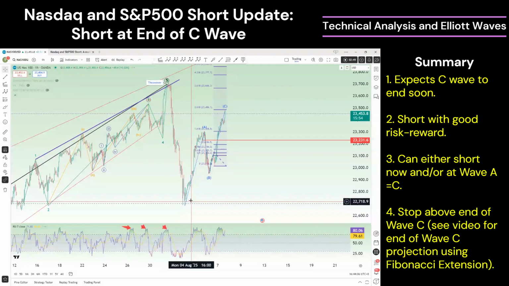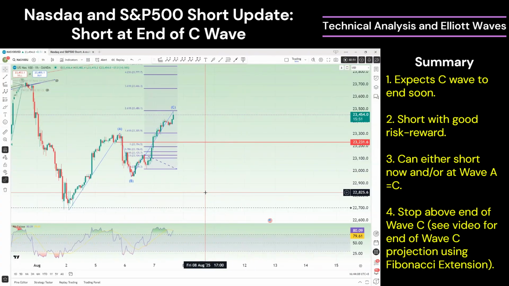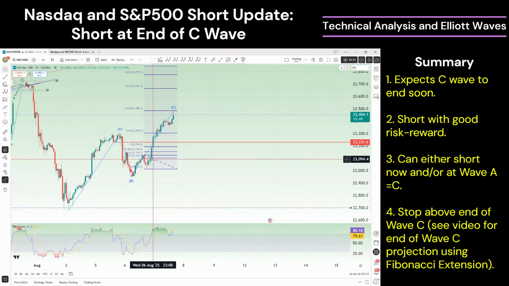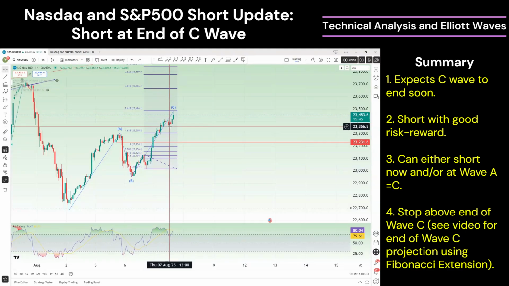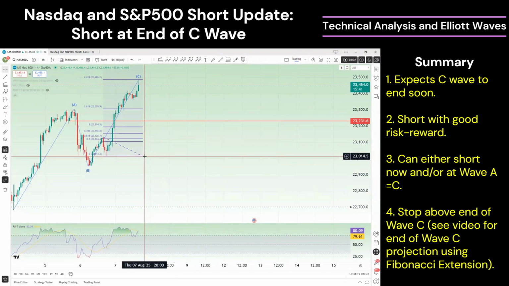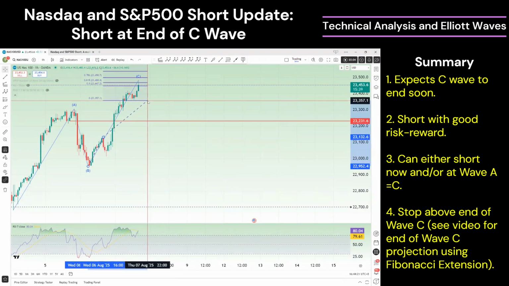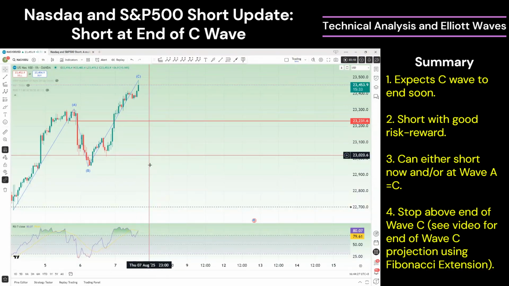Okay, let me put in this hourly to see whether it can be clearer. There's a chance that this is the end of wave 3, and then 4, and maybe a 5 here. So if that is the case, then this last wave 5 is a bit falling short, but it's not really a problem.